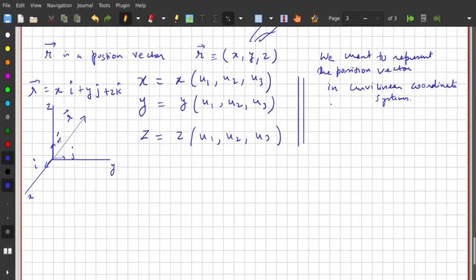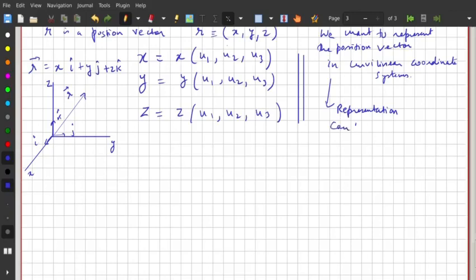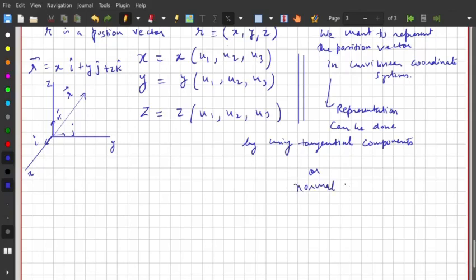So this representation can be done by using the tangential components or by the normal components. And tangential and normal, what we mean, we will discuss now. What do we mean by those things?